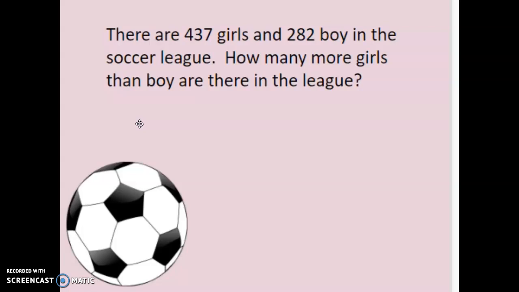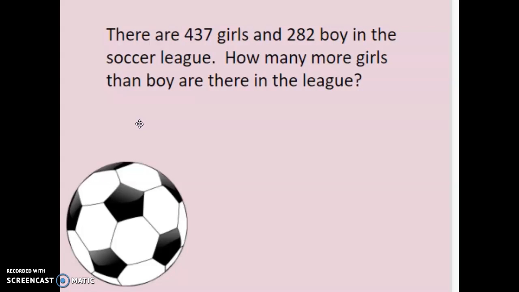So for this particular problem, we're starting out with: there are 437 girls and 282 boys in the soccer league. How many more girls than boys are there in the league? So we know that there's definitely more girls there. We know that 437 is much greater than 282, but we're wanting to see how many more girls there are.